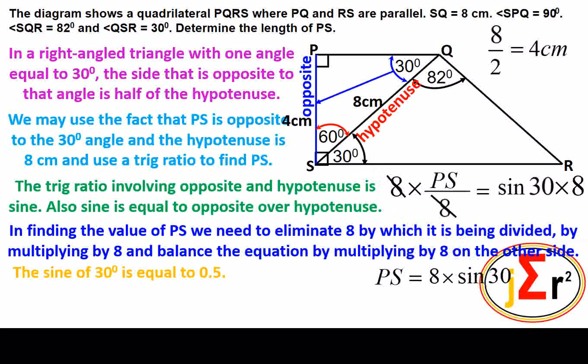Sine 30 is equal to 0.5, and PS is therefore equal to 8 times 0.5. We know that 0.5 is a half, so we are just looking at half of 8, and half of 8 is equal to 4. So PS is equal to 4 centimeters as previously calculated.